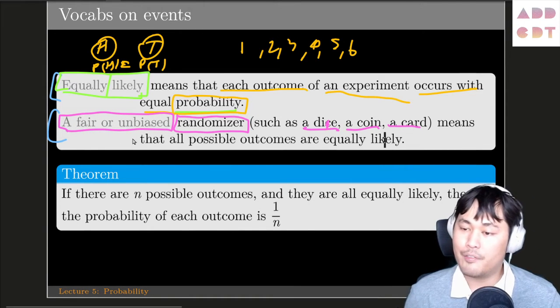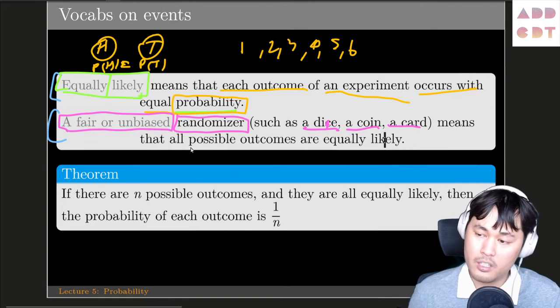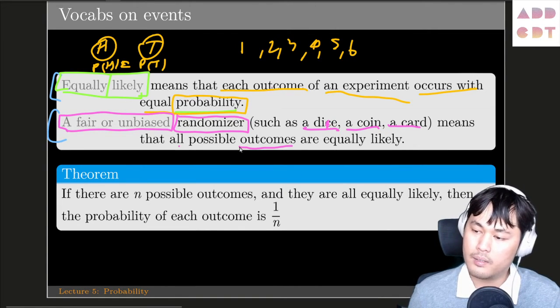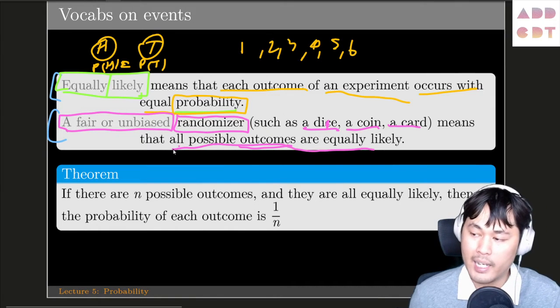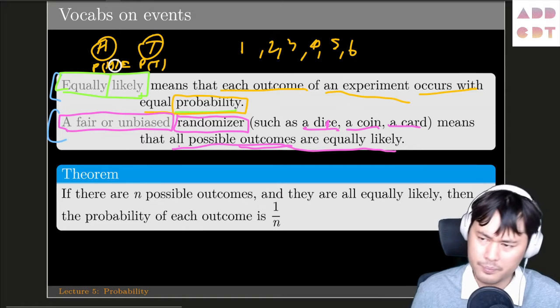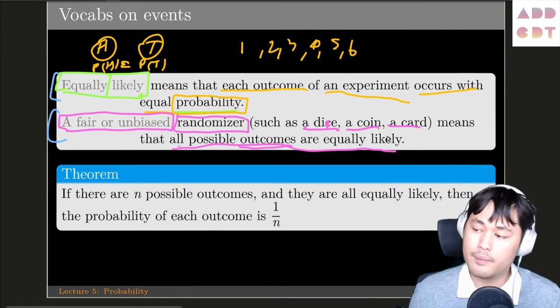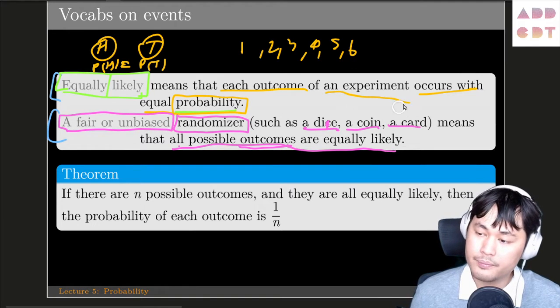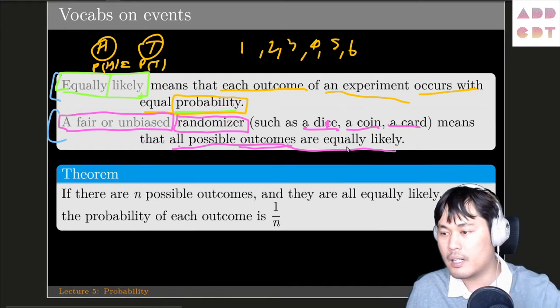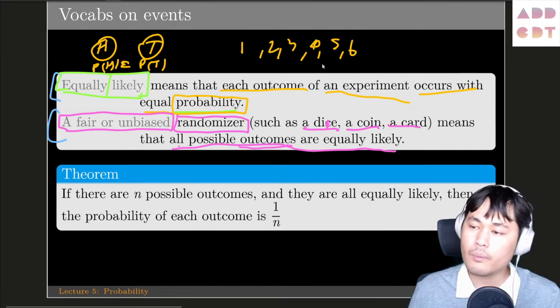If a die is fair, it means all outcomes are equally likely. If a coin is fair, it means both outcomes, head and tails, are equally likely. If it is a card, it means all 52 cards are equally likely to be an outcome.